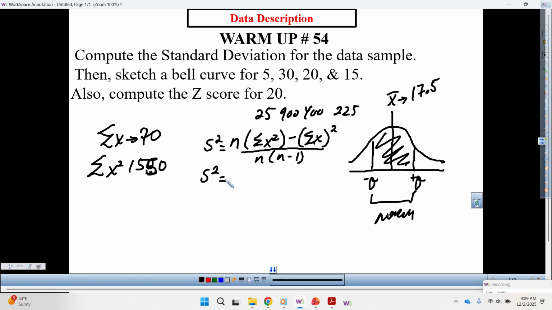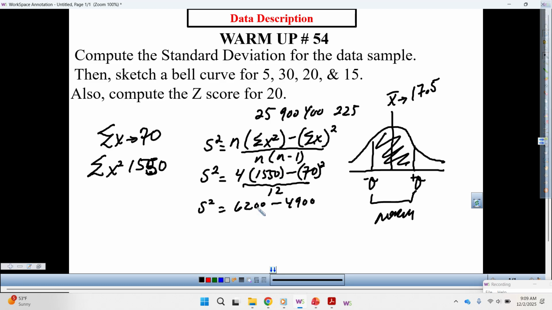So for the variance, there's four numbers. So 4 times 1550 minus 70 squared, over 4 times 3, which is 12. Yeah? So the variance is 6,200 minus 4,900. Is that correct?